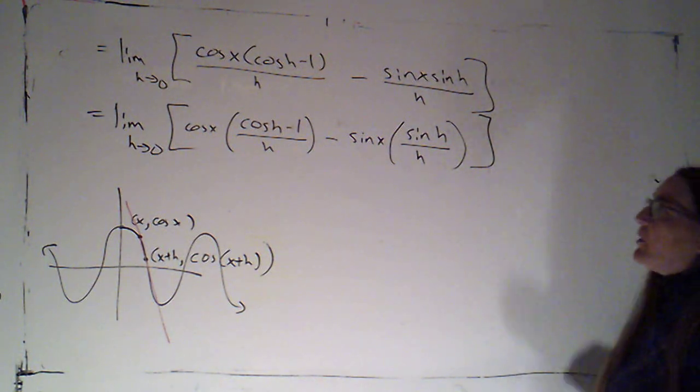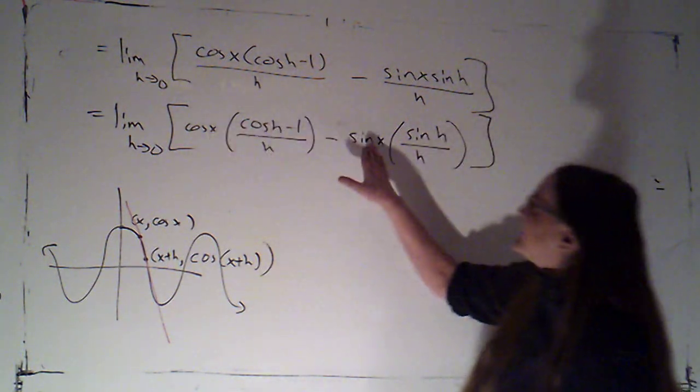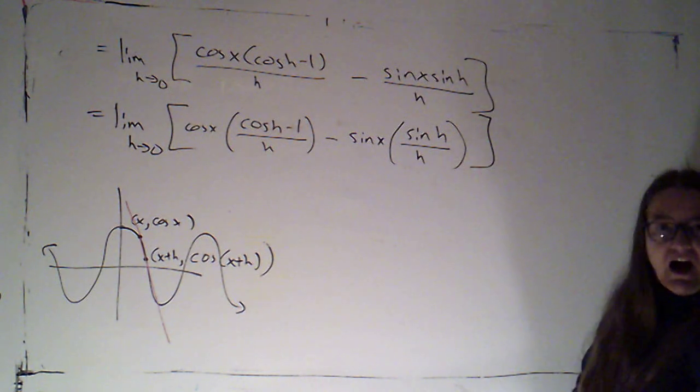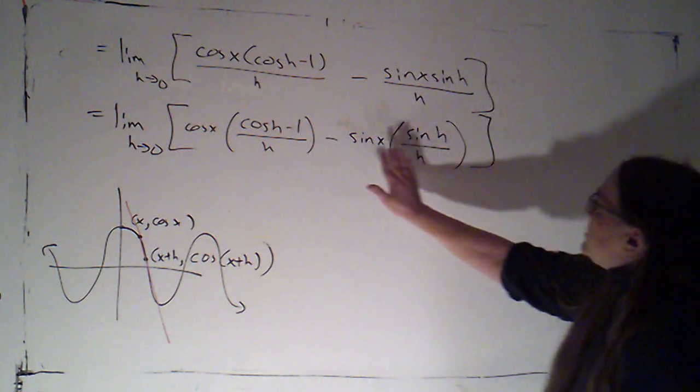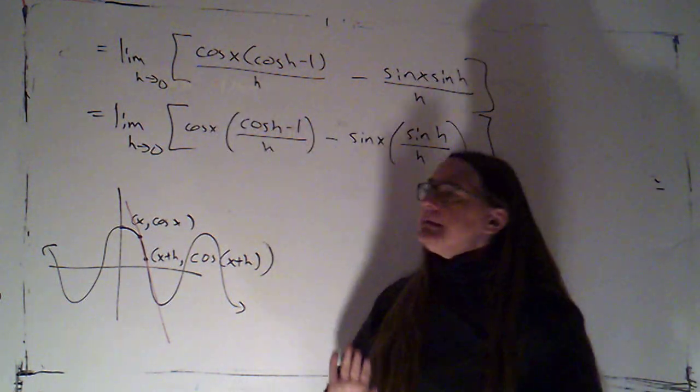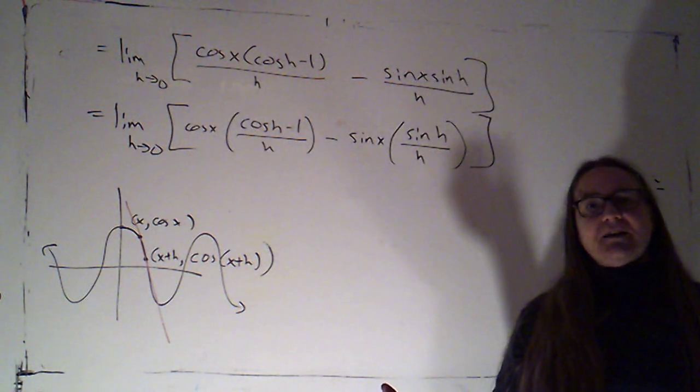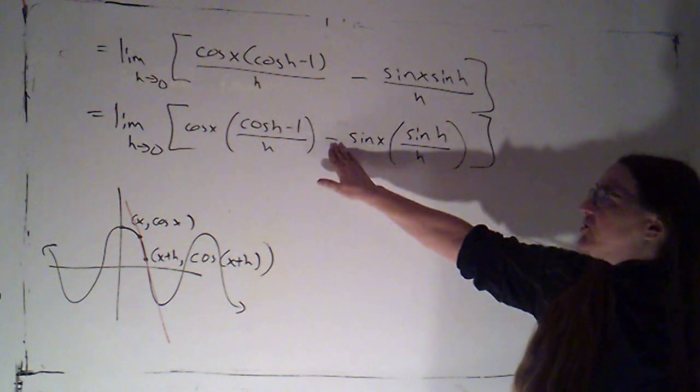If I did this multiplication, of course, that cosine x and that sine x would just be on top of those fractions. So now I have 1, 2, 3, 4 pieces connected with arithmetic. I'm multiplying and I'm subtracting.